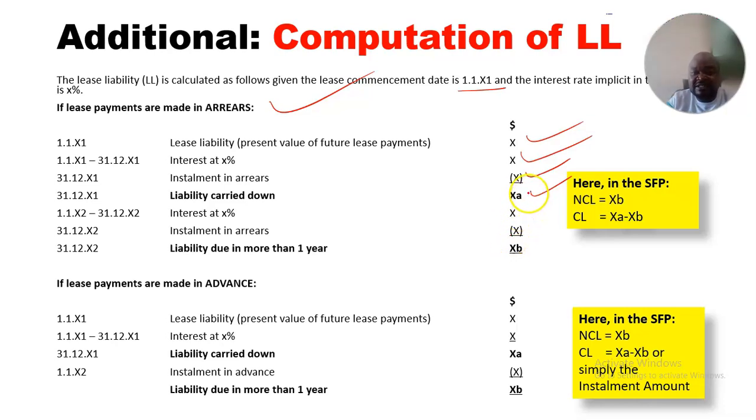We subject this balance to an interest charge, and we reduce it again with the installment for that future year, and we have a closing non-current liability. The current liability is going to be the closing balance for the current year minus the future year. The difference there is the current liability, and you are done. You pass your ACCA. Are we together?